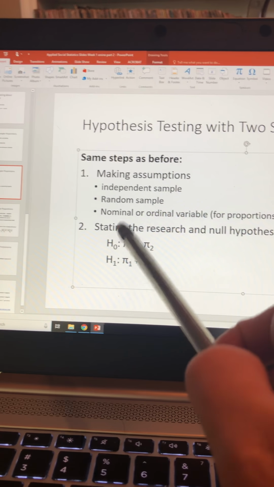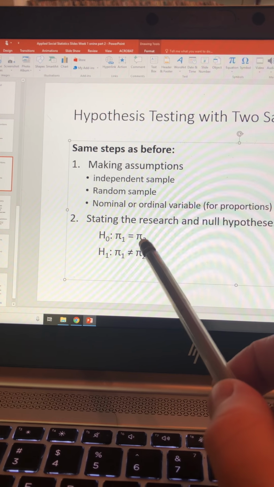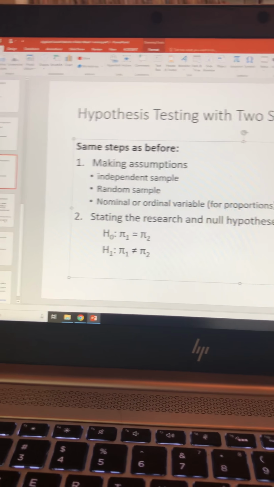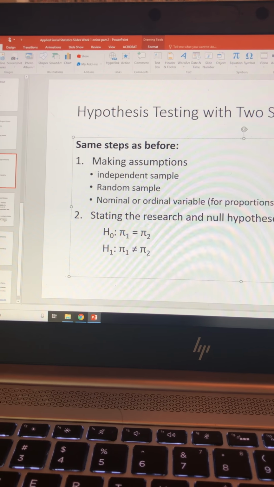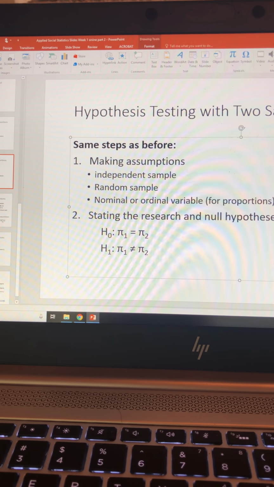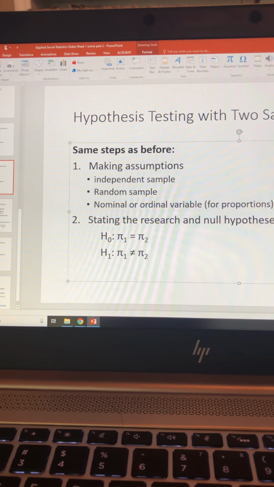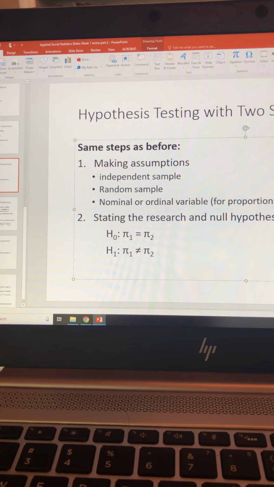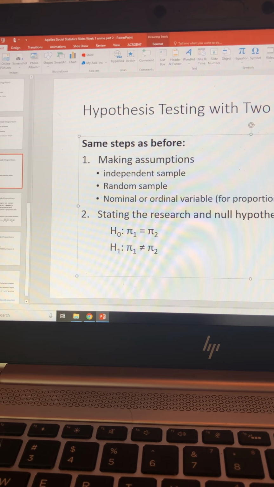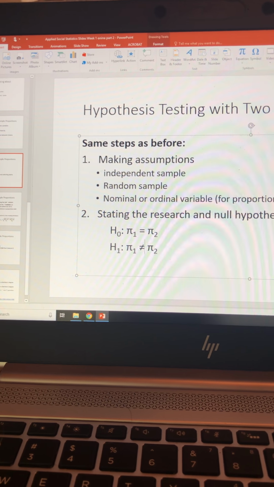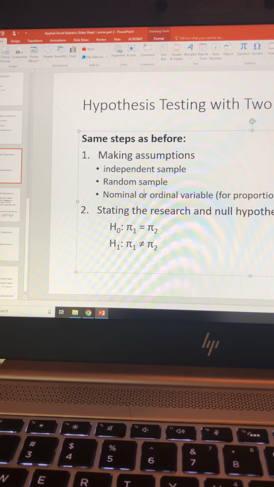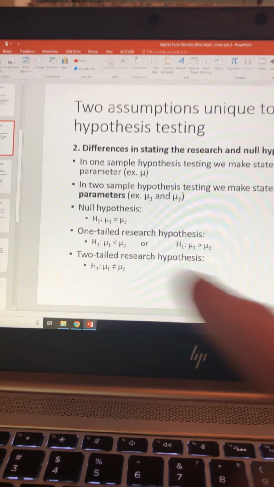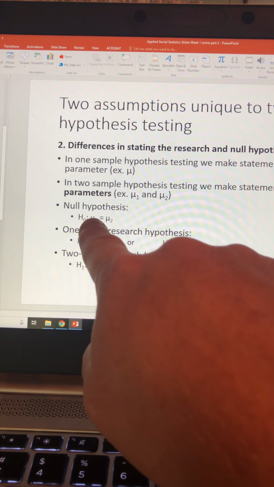So your null hypothesis is going to be that proportion 1 is equal to proportion 2. Your research hypothesis will be that proportion 1 is not equal to proportion 2, for a two-tailed test. You could do a one-tailed test with this too, where you have proportion 1 less than proportion 2, or proportion 1 greater than proportion 2. But for now, it follows the same format as above.